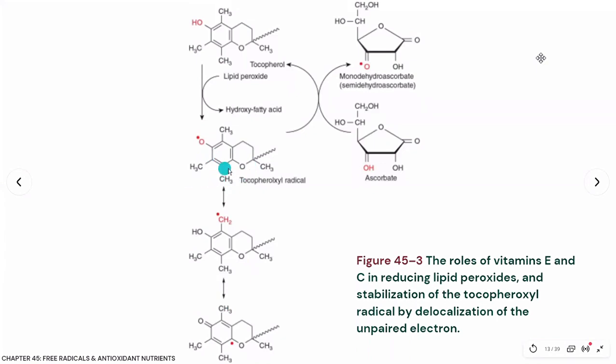This free radical now interacts with ascorbic acid. The ascorbic acid removes this free radical on your alpha tocopherol. And so it becomes, again, tocopherol, and your ascorbic acid becomes already having the radical itself. It is monodehydroascorbic acid, monodehydroascorbate.